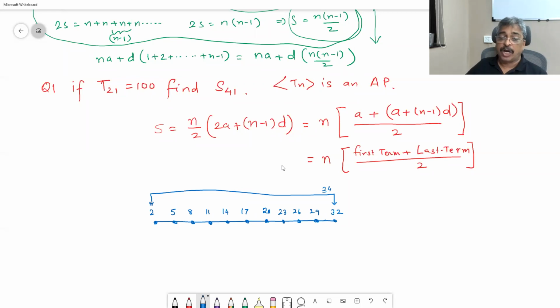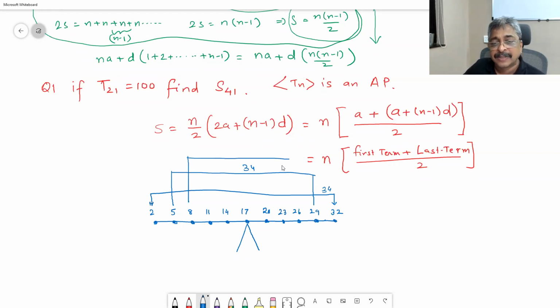Then this is like a seesaw. The seesaw is at the center, there is a pivot, and this way, that way. So if you take 5, then you have to take 29. They add up to 34. 8 and 26 add up to 34, and so on.